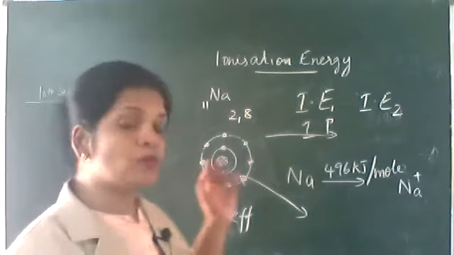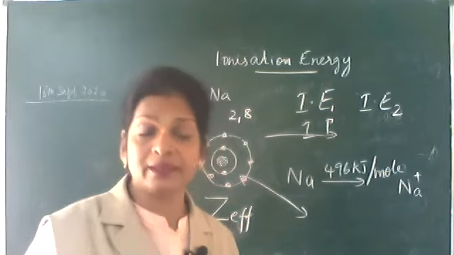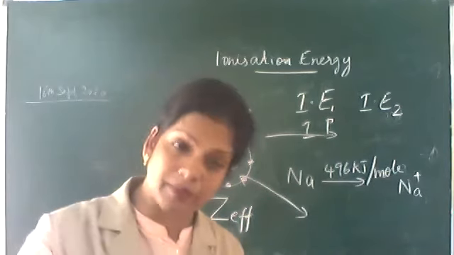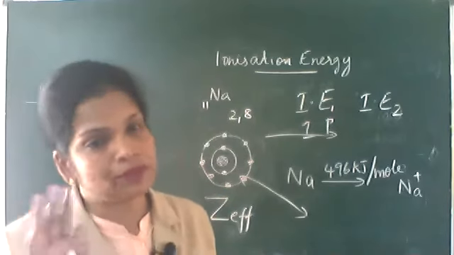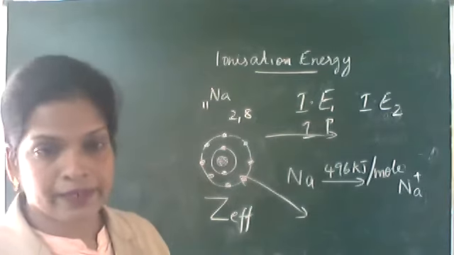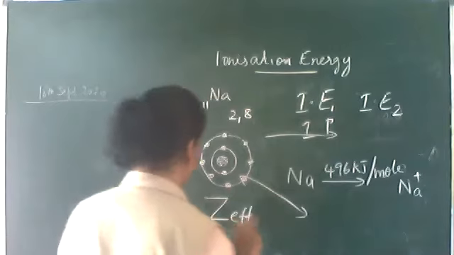Suppose after the removal of one electron, it is attaining the noble gas configuration, going to a more stable state. At that time you have to supply less amount of energy as the ionization energy. In the case of sodium, it was like that.